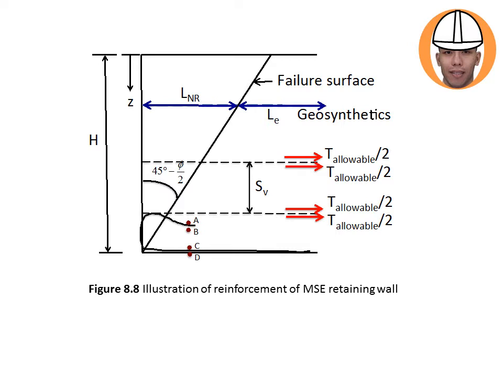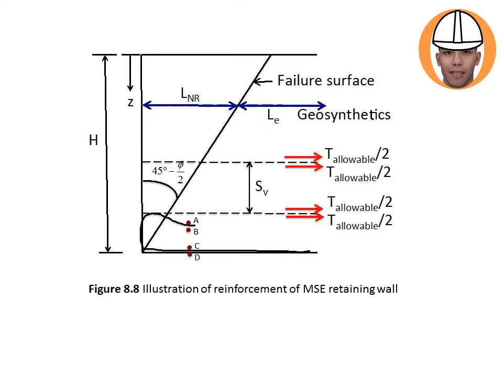The height H, the depth Z, and then we have this L, or the length L_R, which is based on this failure surface. Okay, so that is using the Rankine theory. And the effective L_E, or the effective embedment, or the embedment length of the reinforcement.